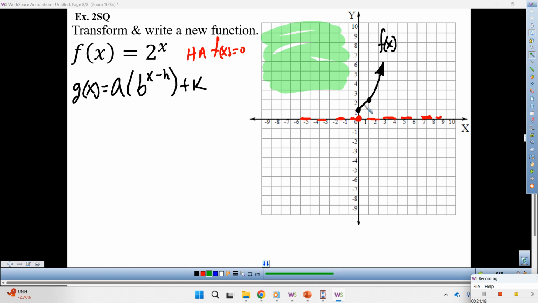All right, let's see. Help me out with this one. Enrique, how many steps did you move it and what'd you do? 7 to the left and 3 up.